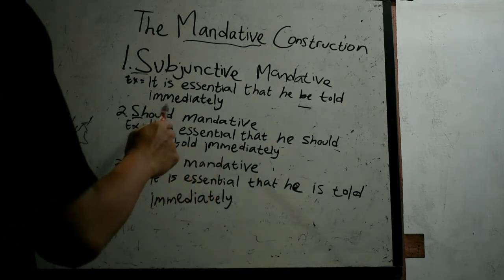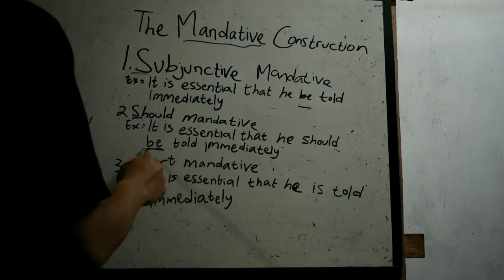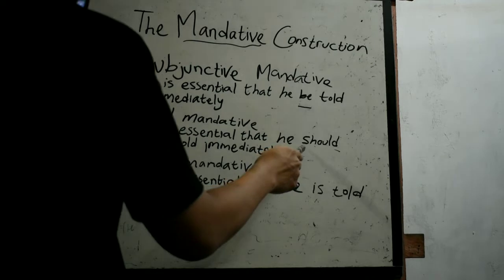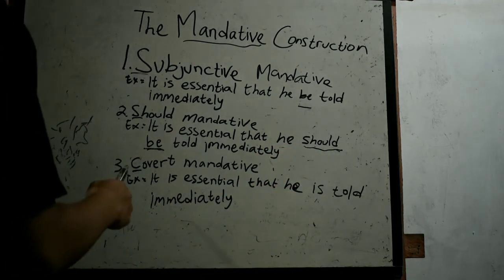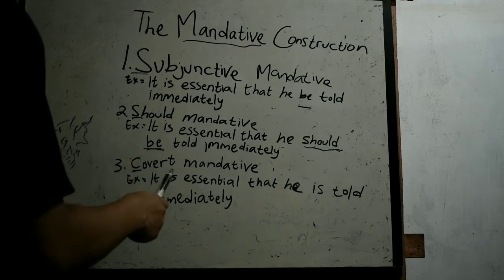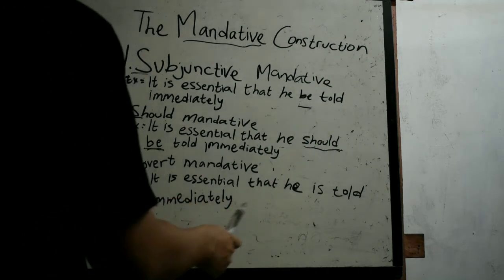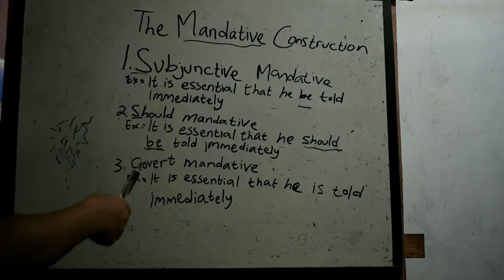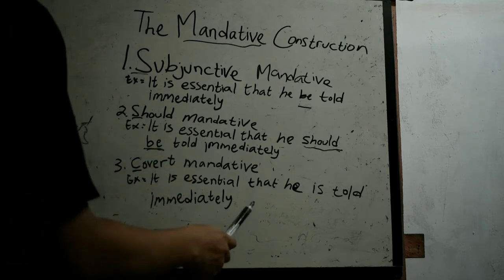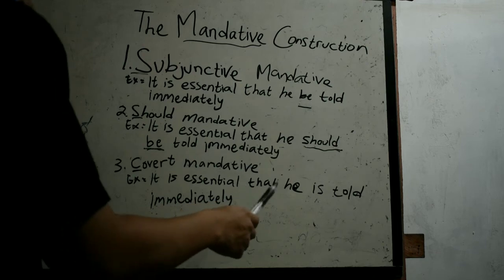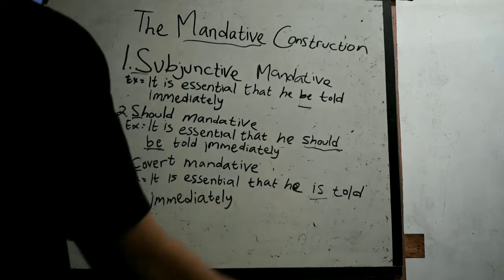To indicate it is should mandative, before to be there is should. And then three, covered mandative. For example, it is essential that it is told immediately. There is no plain form; is to be turned into actual to be.